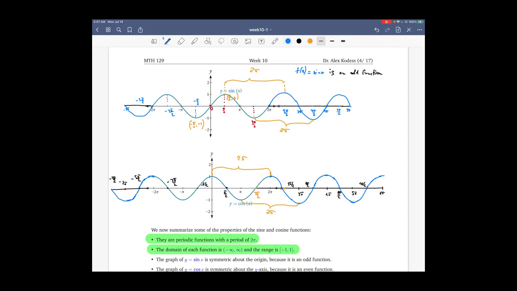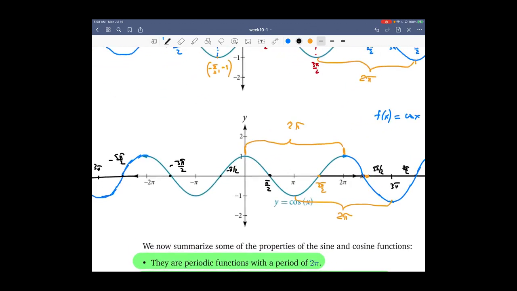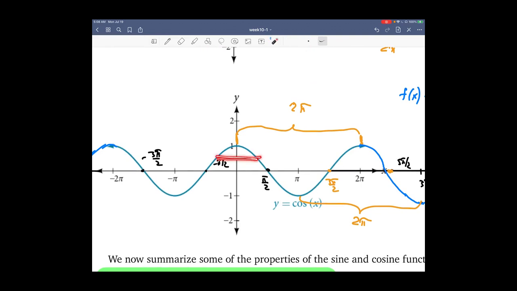Likewise, we know cosine x is an even function. And as we know, the graphs of even functions are symmetric about the y-axis. This point, for instance, has coordinates pi over 4, root 2 over 2.